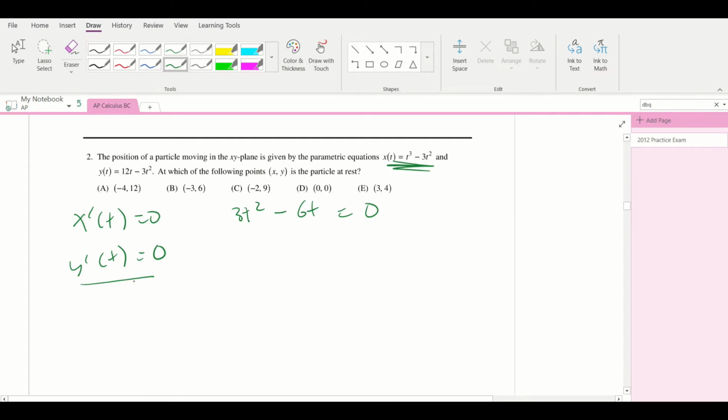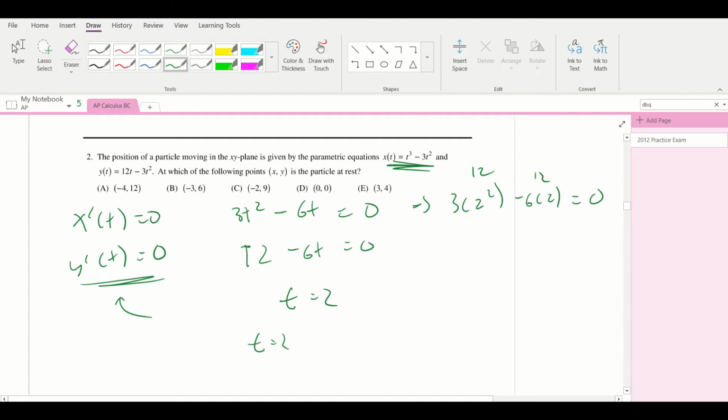And when y prime t equals 0, 12 minus 6t equals 0. So that means t equals 2 for y prime to be equal 0. And you plug that into x, you see 3 times 2 squared minus 6 times 2. This is 12, this is 12, so it is 0. So when t equals 2, the particle is at rest.